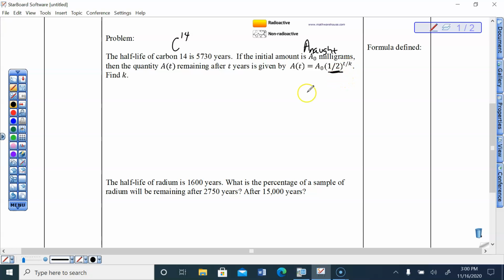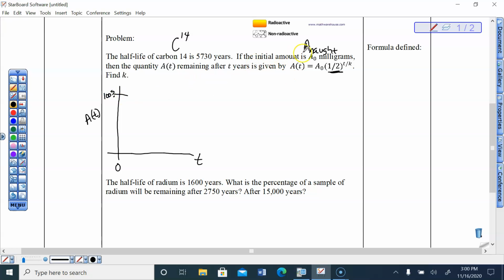Okay, so let's talk about what that really means. So if we have carbon here, let's just draw a little graph. T is usually being described as our x-coordinate because the more time passes, the more radioactivity will be decayed. And so your y-axis would be your A of T, okay? And let's say that at 0 years, we would have 100% of this.